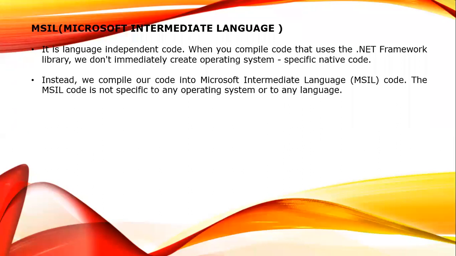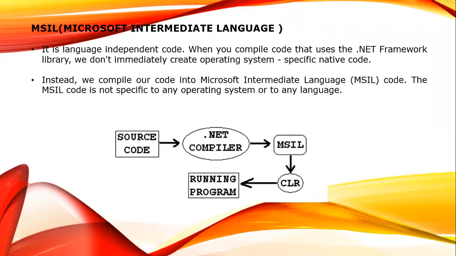Whenever you write normal code in either C# or VB and compile it, that code will first be converted into MSIL code, then into native language. The MSIL code is not specific to any operating system or any language. You can use MSIL code on any operating system or any language.